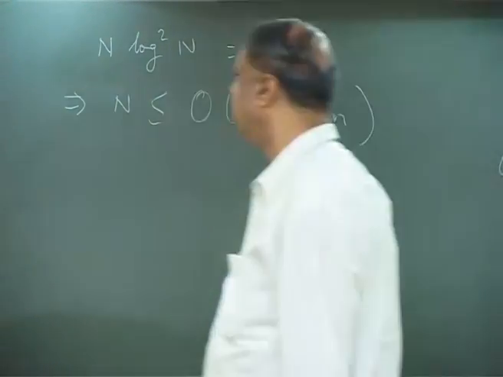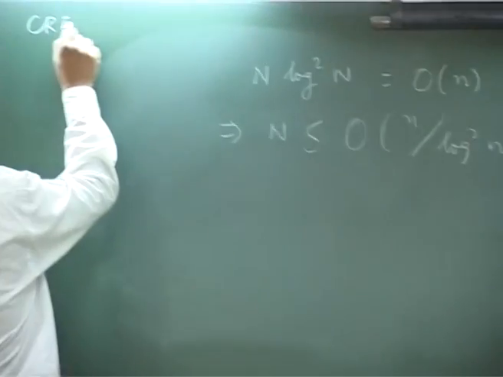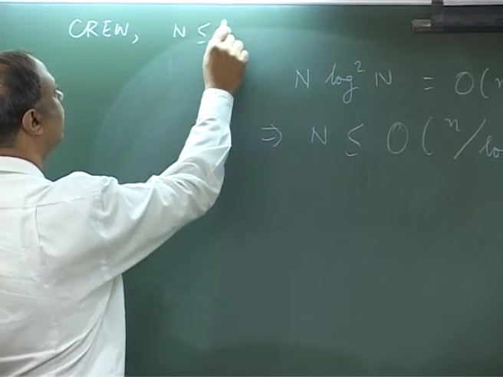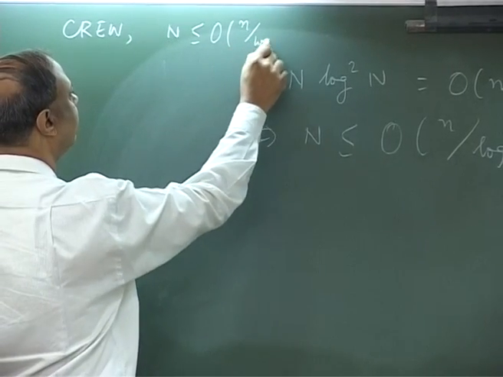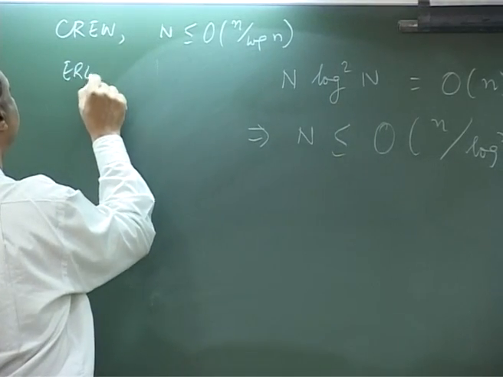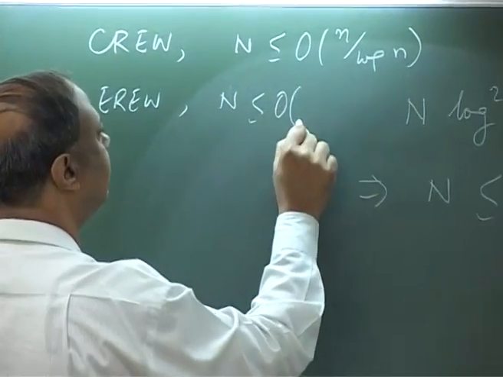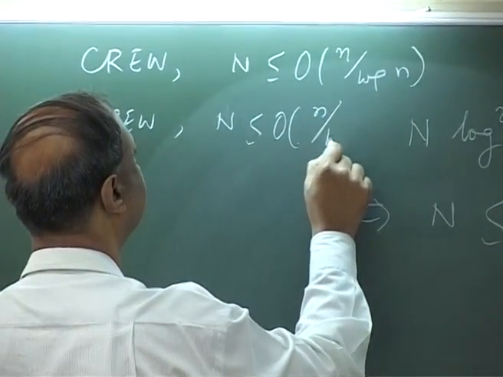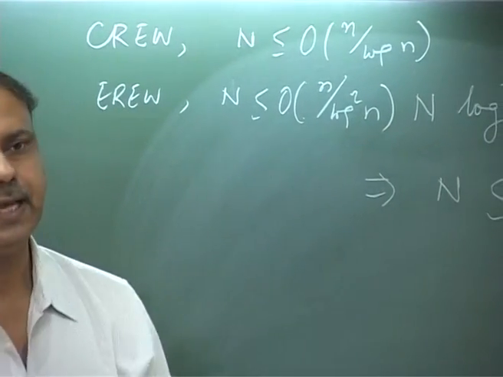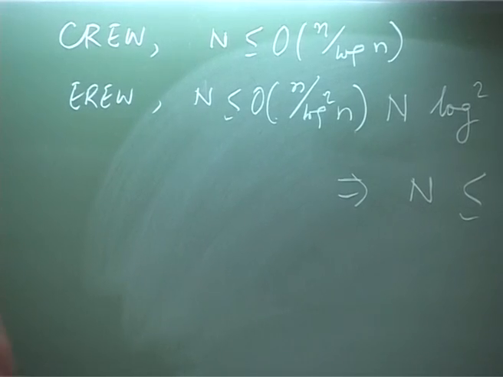In case of the CREW model, it is cost optimal when N is less than or equal to order n by log n. In case of the EREW model, it is cost optimal when N is less than n by log square n.